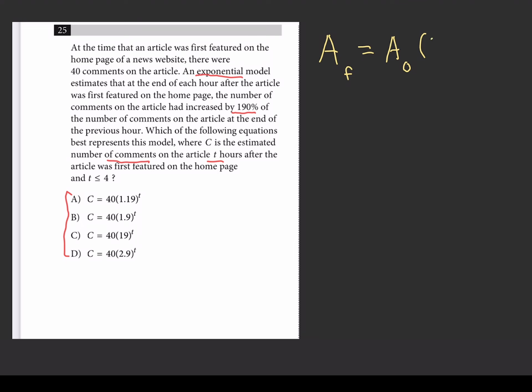And the basic model says 1 plus, or it could be minus, but in this case we know that it's growing, so I'm just going to stick with the plus. R value goes there, and then to the time.